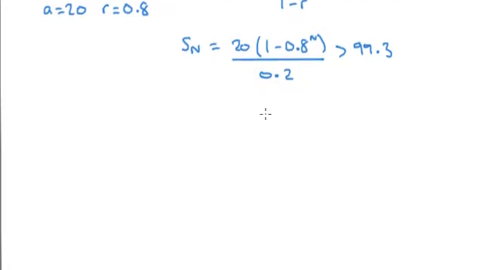So first thing I'm going to do is cancel down the 20 divided by 0.2, which is 100. So we've got 100 times 1 minus 0.8 to the power of n needs to be bigger than 99.3. I'm going to divide by 100 to get rid of the brackets.